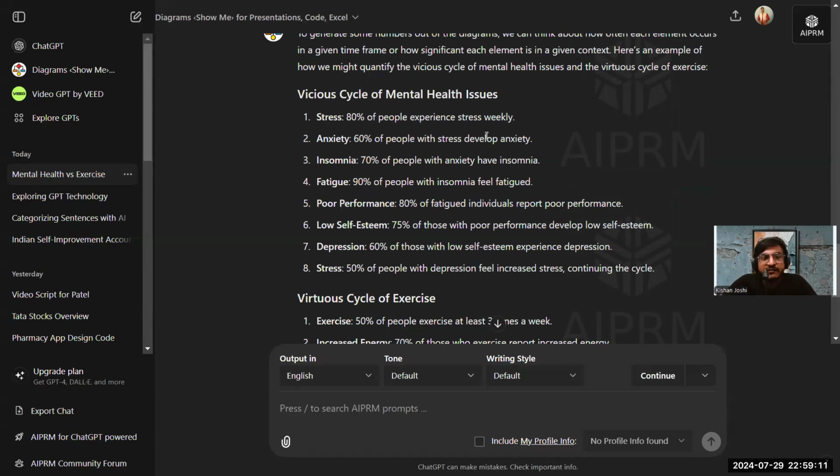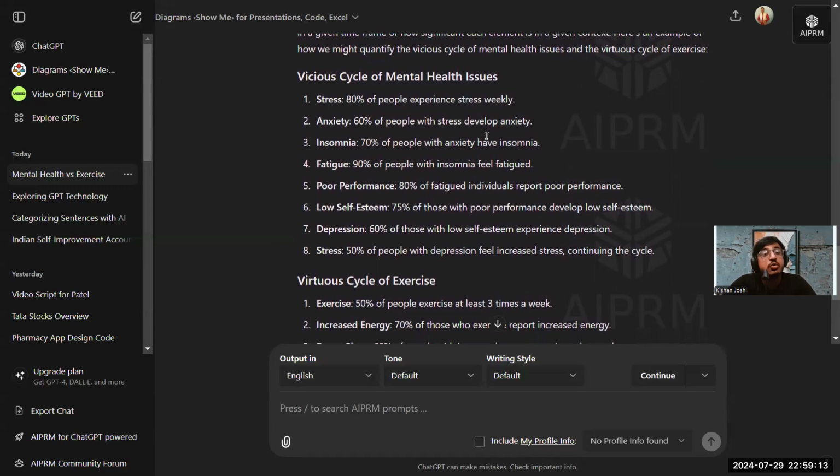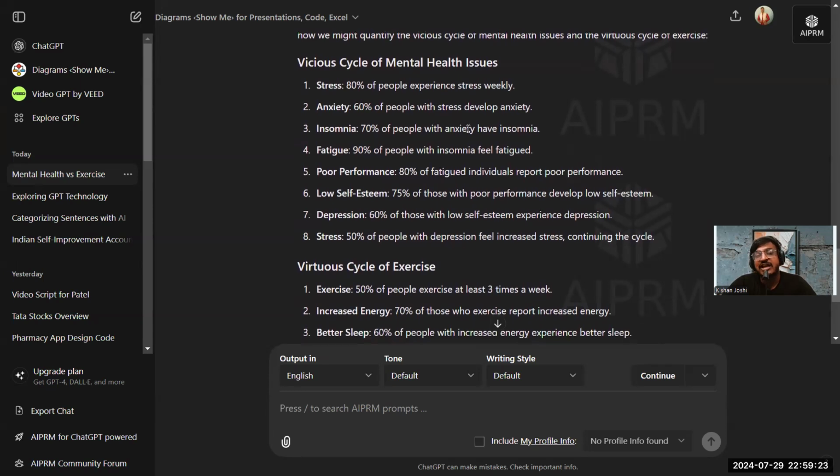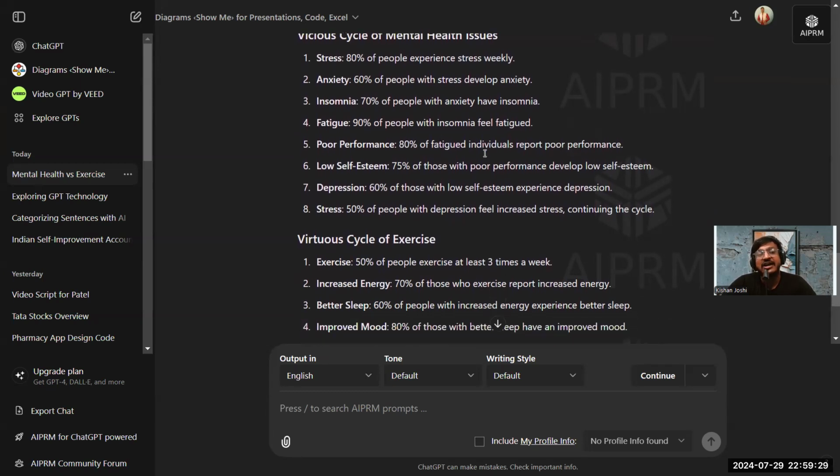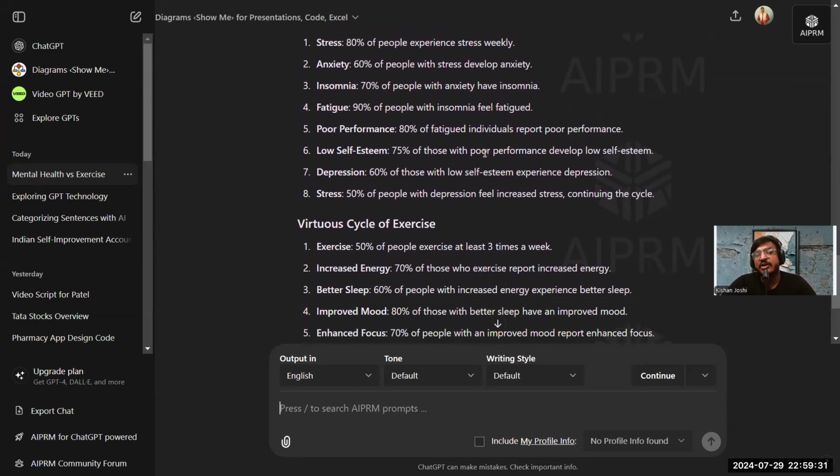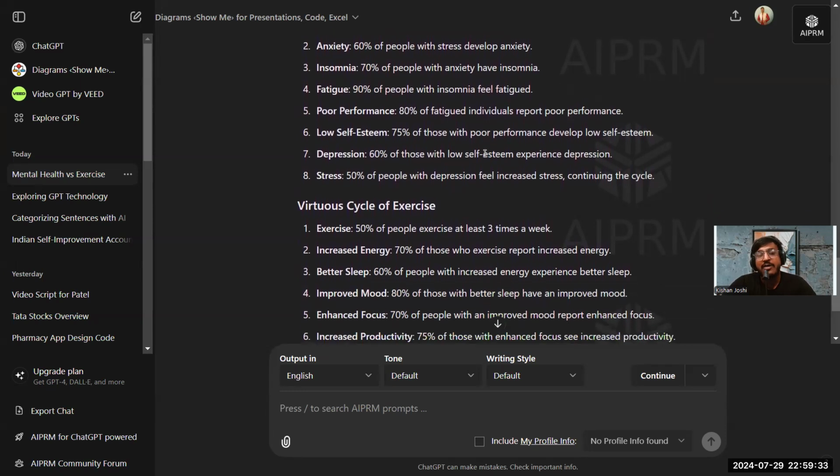So, what is stress? The vicious cycle of mental health issues. Stress: 80% of people experience stress weekly. Anxiety: 60% of people with stress develop anxiety. Insomnia: 70% of people with anxiety have insomnia. Fatigue: 90% of people with insomnia feel fatigued. Poor performance: 80% of fatigued individuals report poor performance.